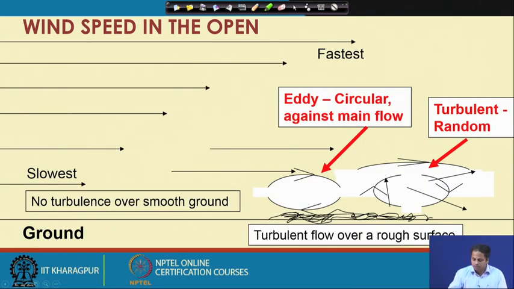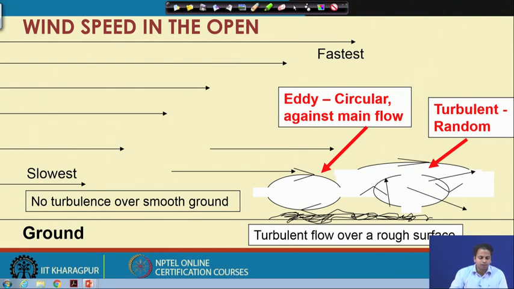Before going further, let us see the wind speed profile. We know that when there is an open or bare surface, the bare surface does not have any roughness, so wind speeds increase with the logarithm of height.